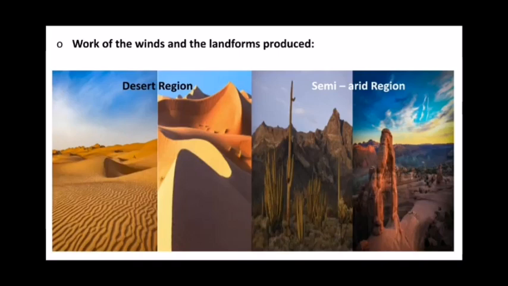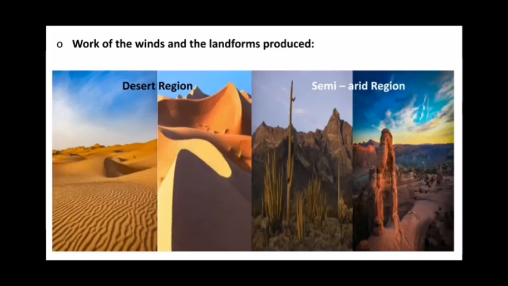It is invisible. But the force of wind can do anything. You all know about cyclones, you all know about storms. So you know what kind of energy wind has. Let us learn about the erosion and deposition caused by the winds.